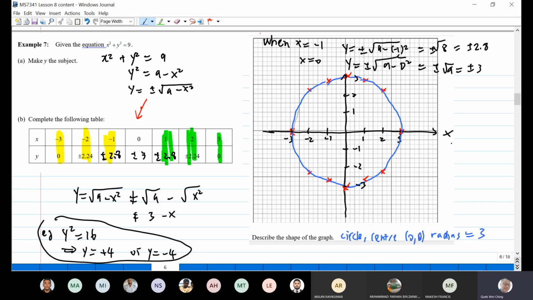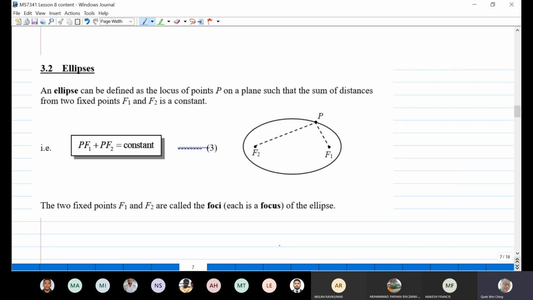Okay, so now I move on to the next example. This is the major focus of this chapter for this week, the ellipse. What is actually an ellipse here? An ellipse is a curve, right? It's not a circle, but very similar to a circle.